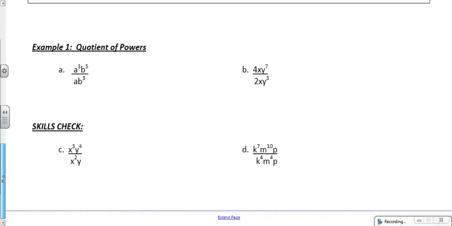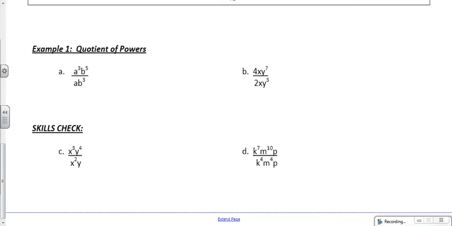So let's see if we can apply some of these. All right, so first of all, let's look at the a's. A to the 3rd over a. Now I'm going to do this longhand for you just to see why we don't do it longhand. Now again, a to the 3rd means 3 of them, b to the 5th means 5 of them, a to the 1 is just a, and b to the 3rd is 3 of them.